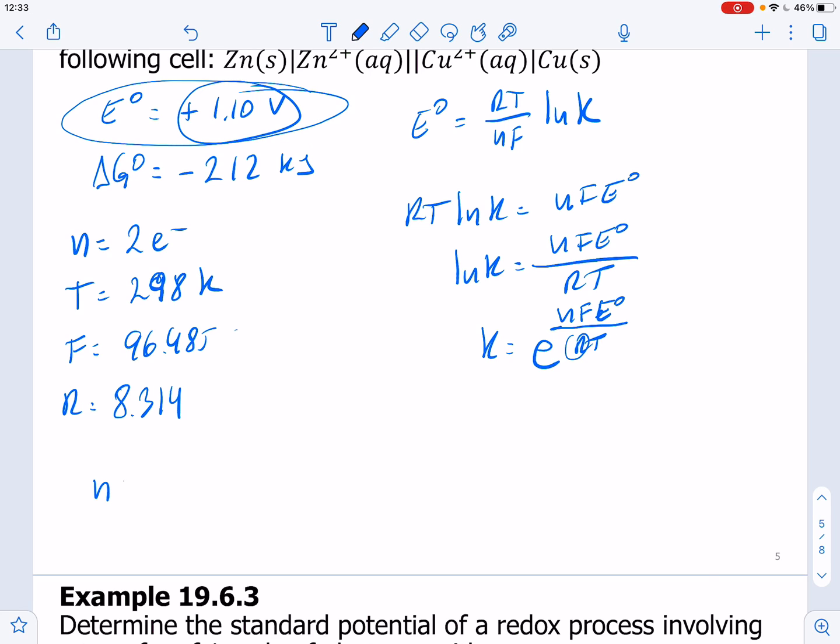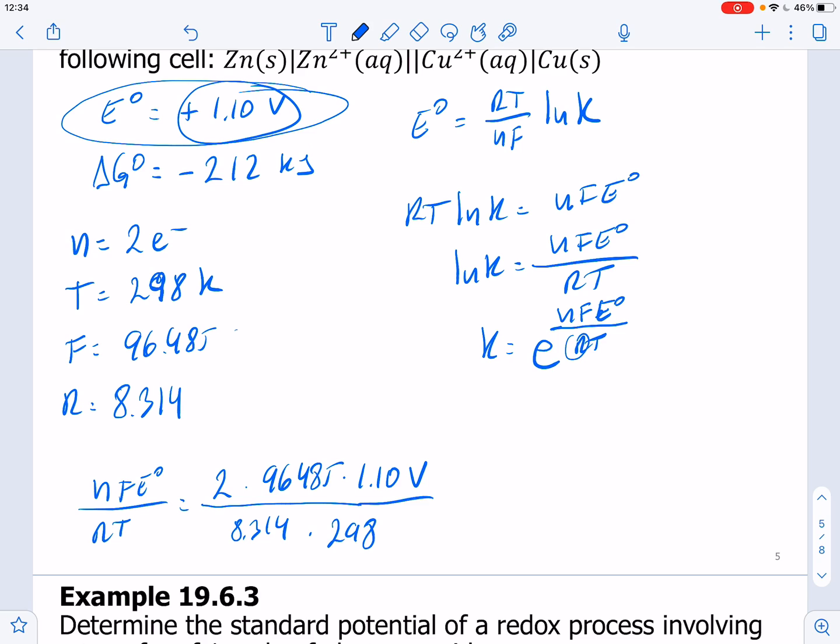So NFE over RT is equal to 2 times 96,485 times 1.10 volts divided by 8.314 times 298. And this gives us 85.7.